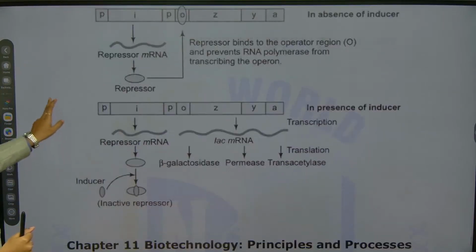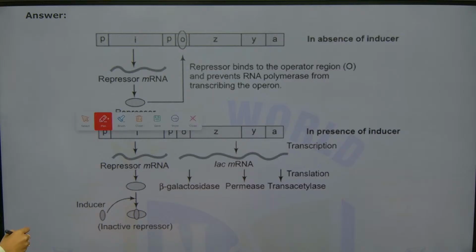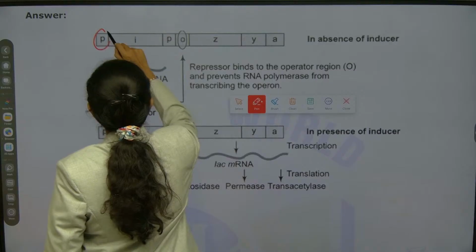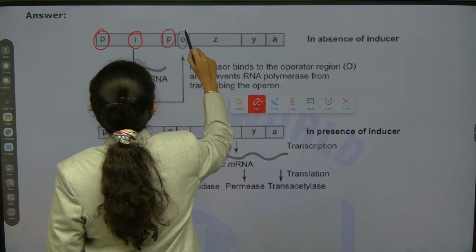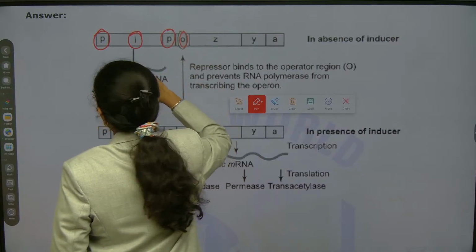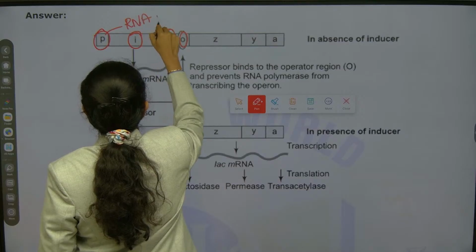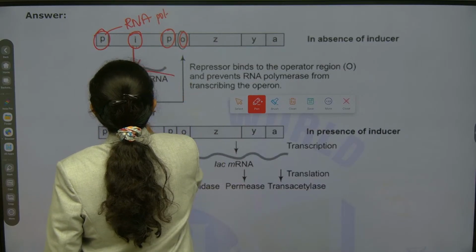So, here you see. We have promoter followed by I gene, promoter and operator. We know that to the promoter region all the time RNA polymerase will come and bind, and the I gene will synthesize repressor.